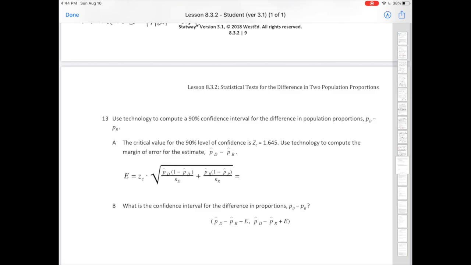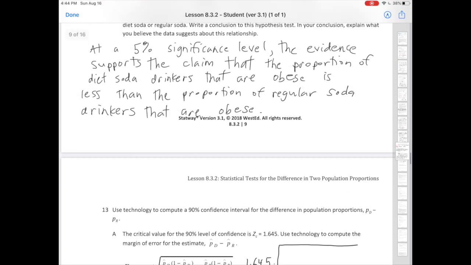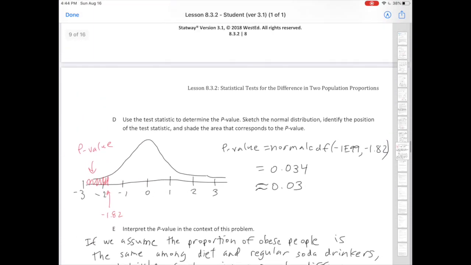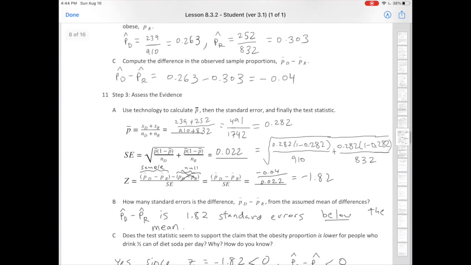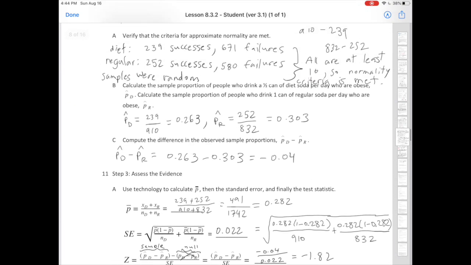So we're going to plug in what we know for this margin of error formula. Everything's written there, so we're going to write it all down. We have 1.645 times the square root of PD hat. Now, let's go back. What was PD hat? I haven't seen that in a while, so let's see. PD hat was all the way over.